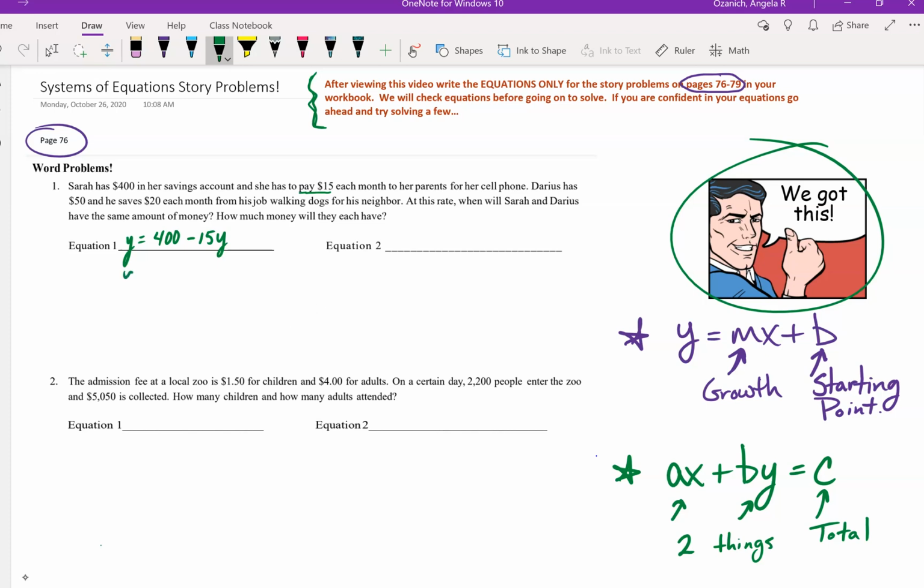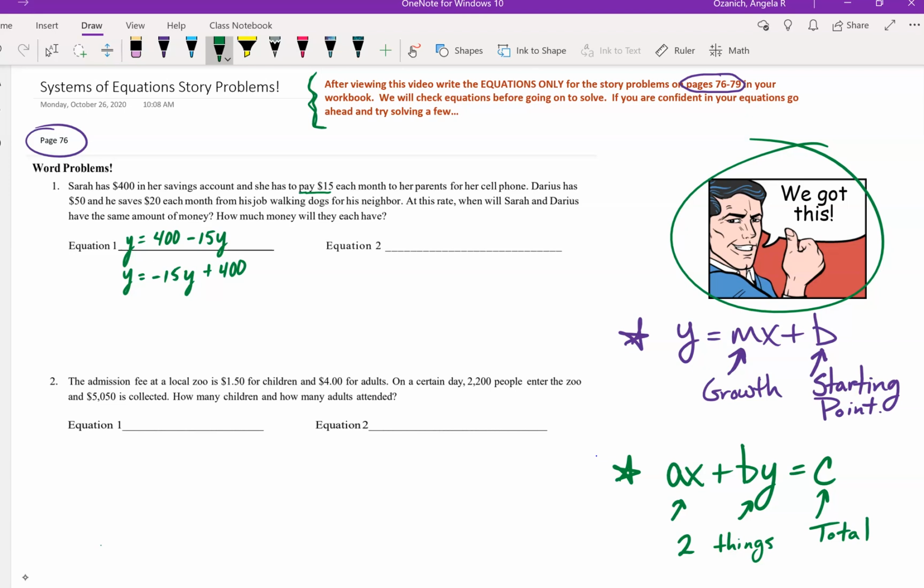Now you could also write it as y is equal to negative 15x plus 400. So if you tried that, maybe you stopped the video and tried this equation on your own, that's awesome. In fact, you should. Anytime you're feeling like, hey, I want to try this before Ms. O goes through the steps of how to set up the equation, try it on your own. Just hit pause. Super easy.